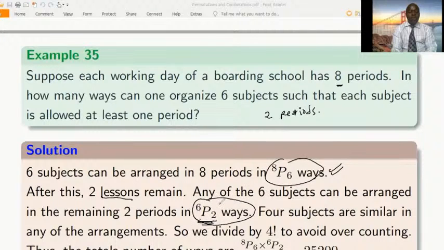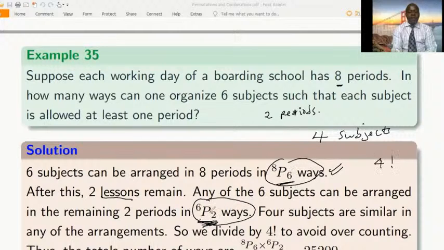Now, what you notice is that there are some 2 subjects here which have been arranged here. They were already arranged here. So that means you have 4 subjects which have repeated themselves. So what the question therefore wants is this product times this product divided by 4 factorial.